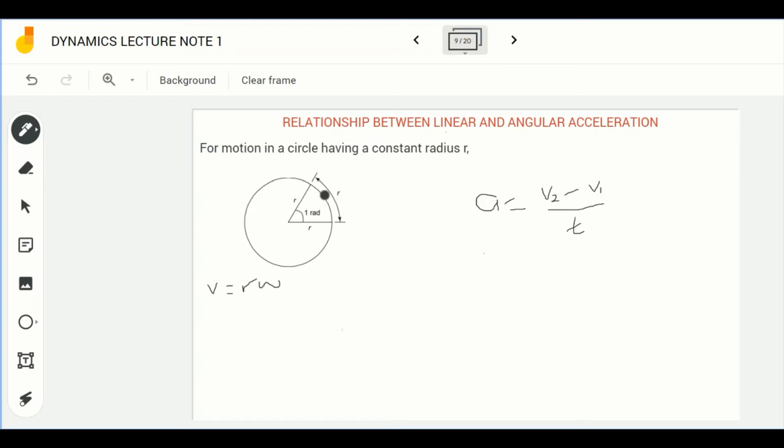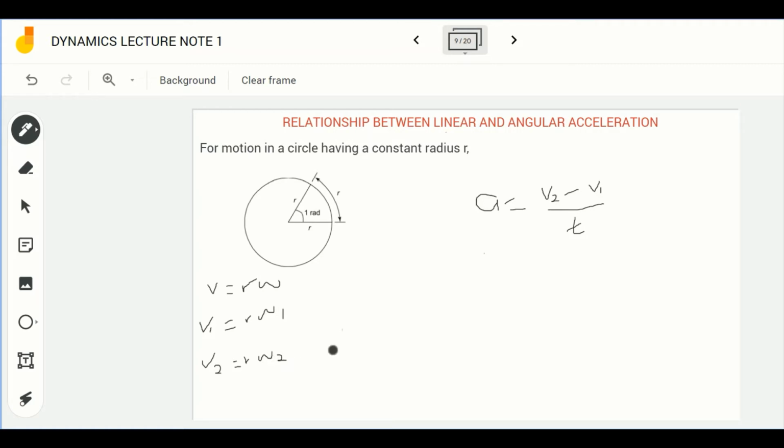Now, for a motion in a circle having a constant radius, my V1 will be R omega 1, while my V2 will be R omega 2.